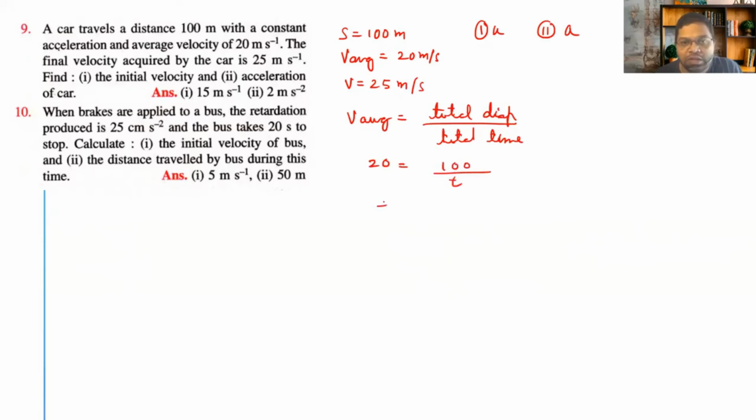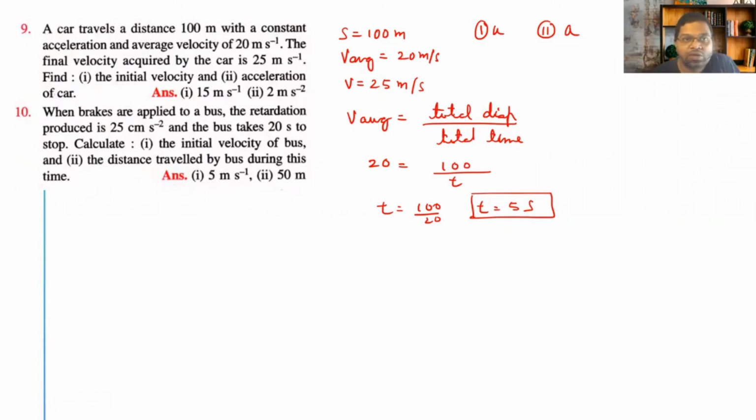So 100 over 20, so we get t as 5 seconds. So we got some more information now, just by using the information that was given to us. Now what we have to use is, we need u and we need a, with the information given to us.